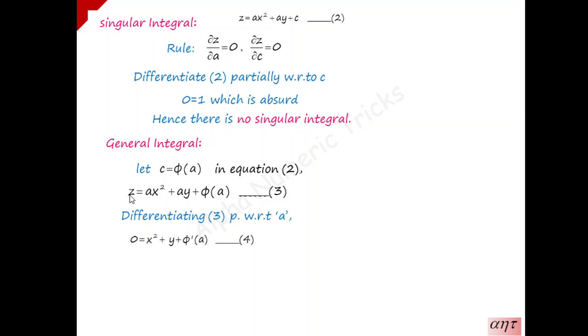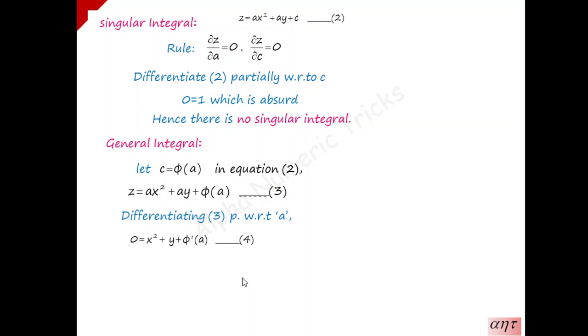Differentiating z with respect to a, dou z by dou a, we get 0 is equal to: ax squared differentiated with respect to a is x squared, because x squared is constant; a with respect to a is 1, plus ay differentiated with respect to a is y, because y is constant, plus differentiation of phi of a with respect to a is phi dash of a.